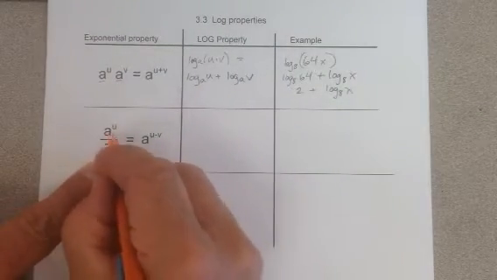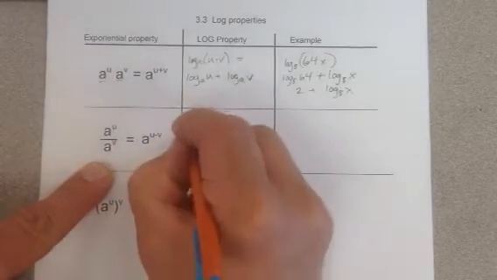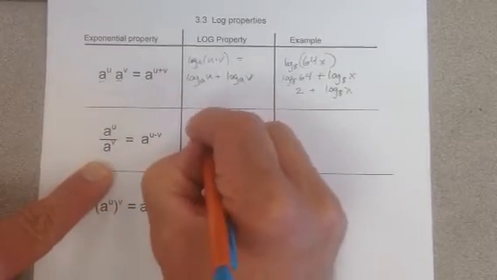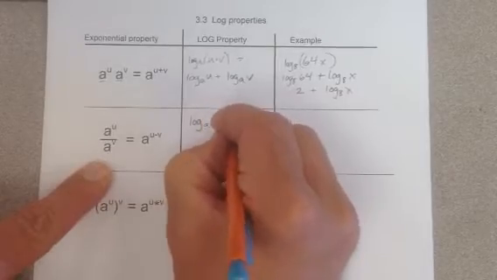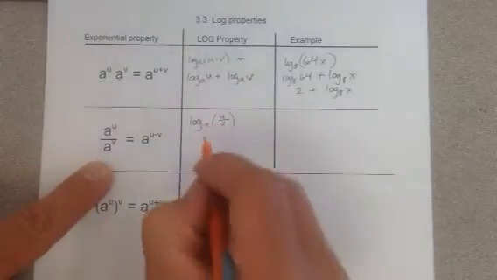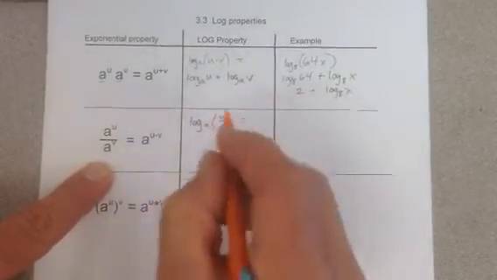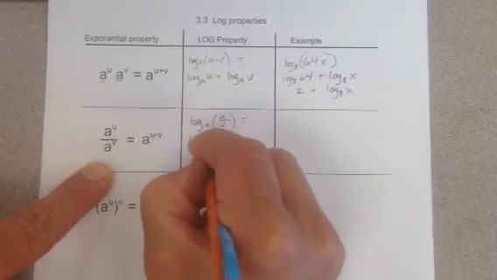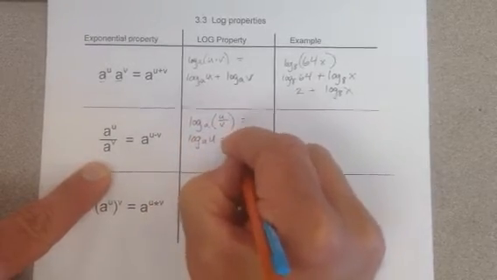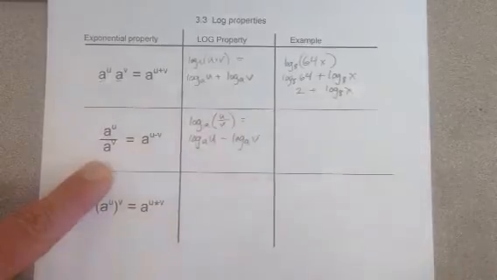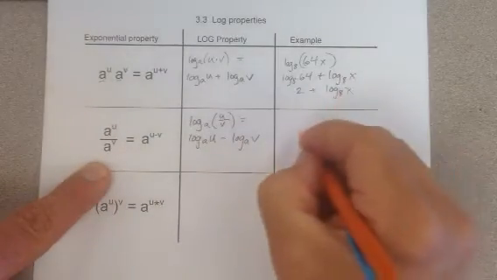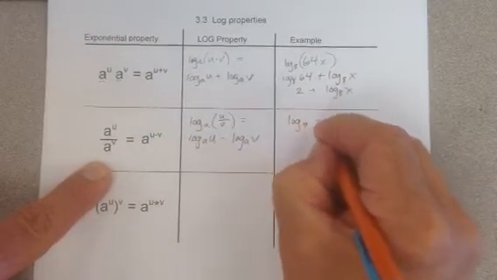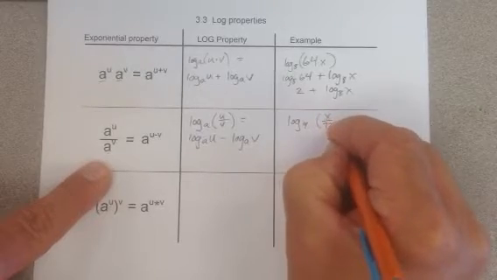Division: when the bases are alike, you're supposed to subtract the exponents. It works the same when you have division within a log. So it's log base A of u divided by v can turn into log base A of u minus log base A of v. An example would be log base 9 of x over 729.